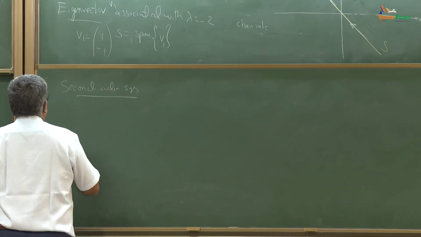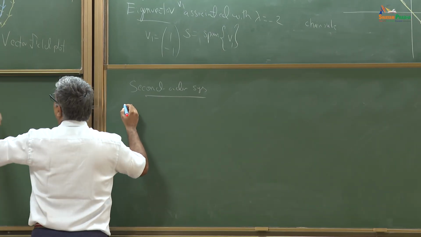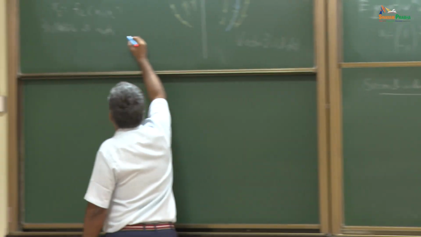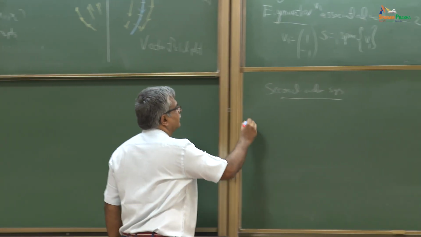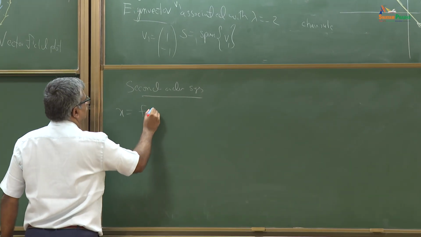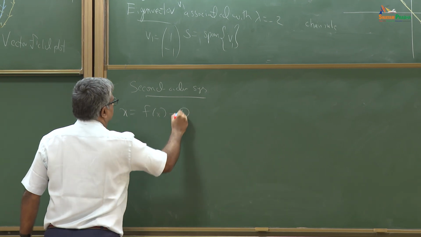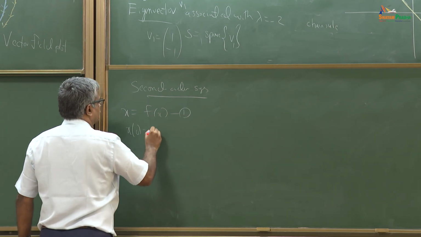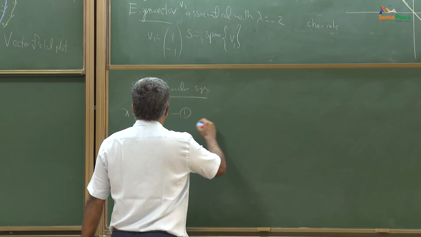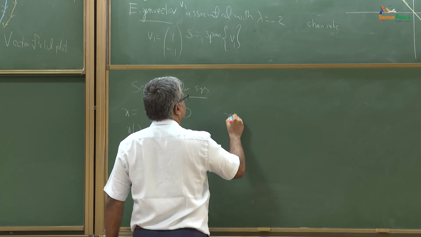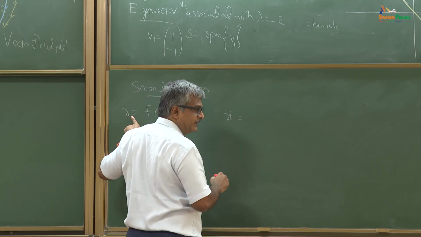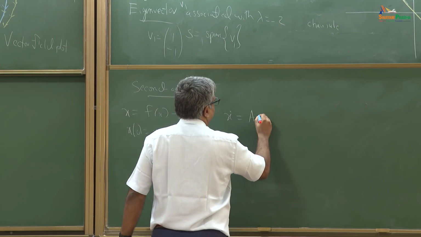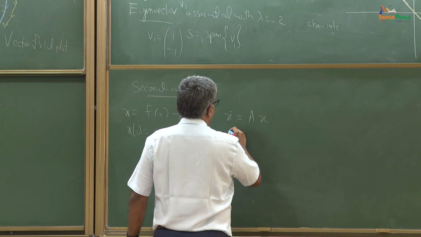Okay, so let me call this, maybe I'll write here. And the linearized system, I'll still use the same variable. It doesn't create any problem.